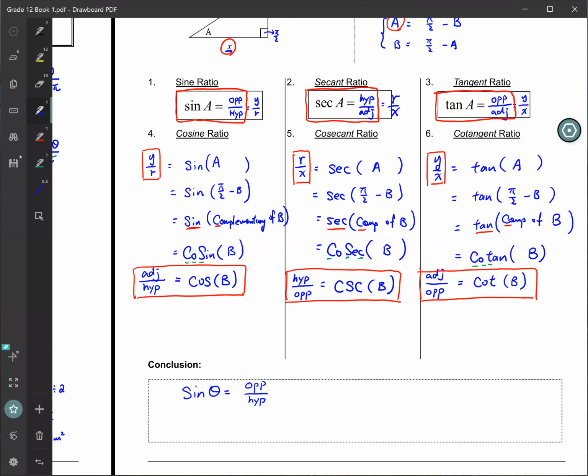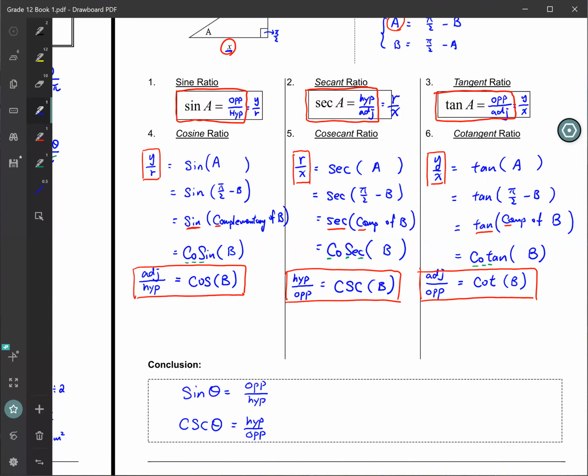Cosecant. Yeah, very good. Hypotenuse over opposite, right? So we'll fill that in underneath. Cosecant is hypotenuse over opposite. Okay, because it will be easier to remember if they are just flipped around, right? Sine, cosecant, right? We use SOHCAHTOA to help us remember the other 3.